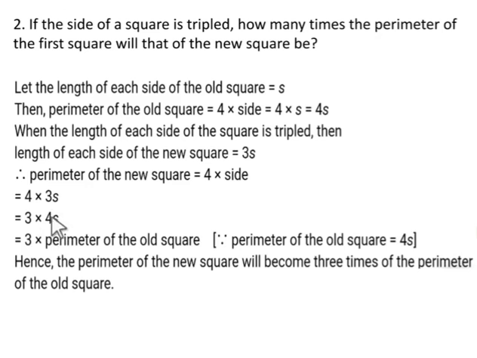This 4S is the perimeter of the old square. That is 3 multiplied by the perimeter of the old square. Hence, the perimeter of the new square will become 3 times the perimeter of the old square. Hence, children, if the side of a square is tripled, then the perimeter of the new square will also be 3 times the perimeter of the old square.